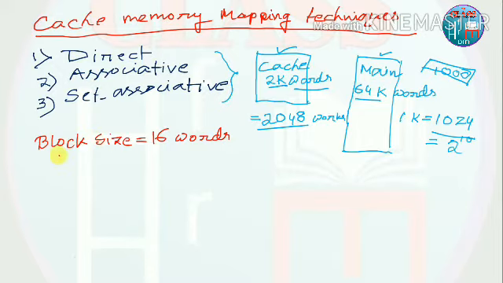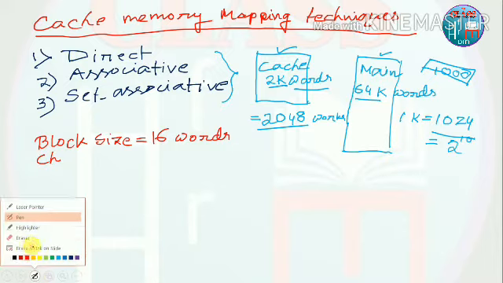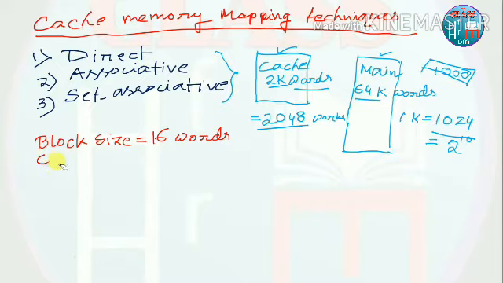So we know that the cache memory block size equals the main memory block size.